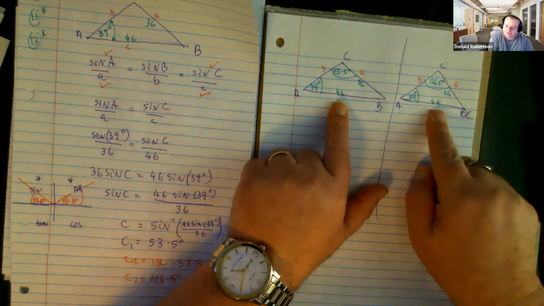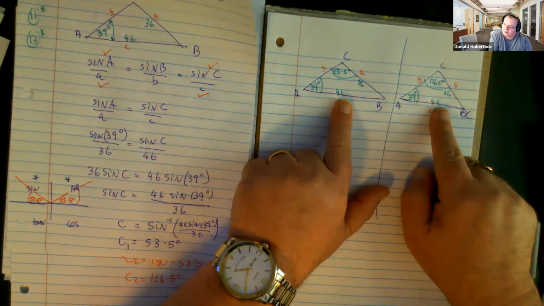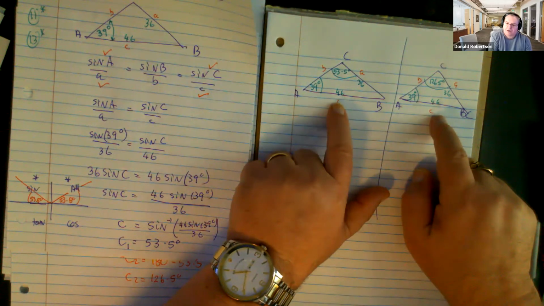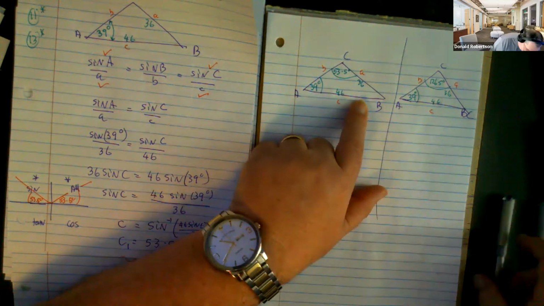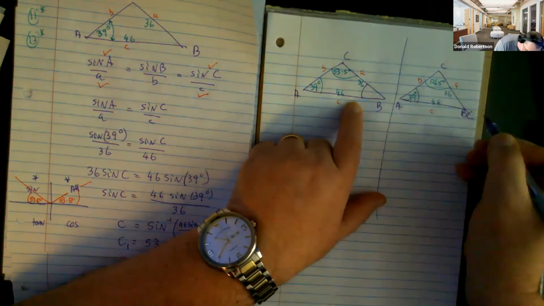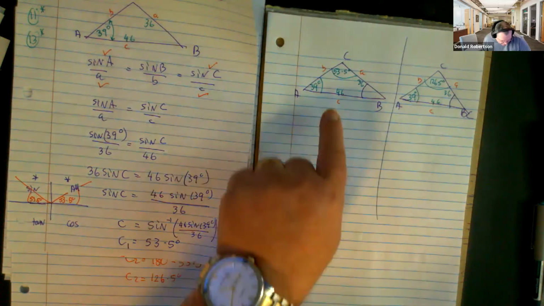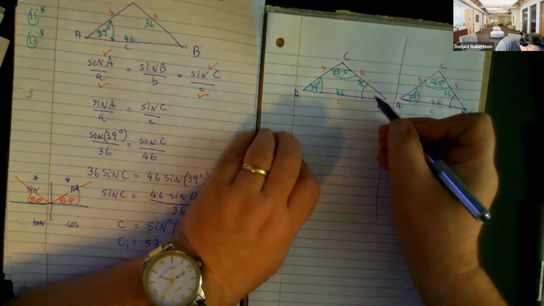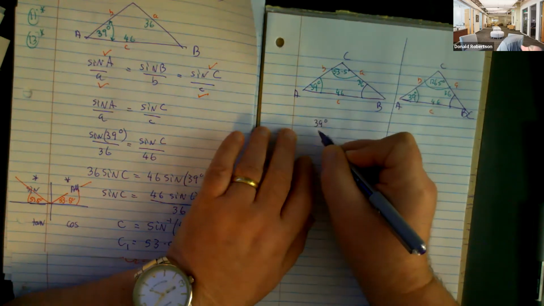Do you see that we now have slightly different information on each triangle? What is still to be found? Well, don't I now need to find angle B? Now, in this question, to get angle B, don't we add up these two and take it away from 180?